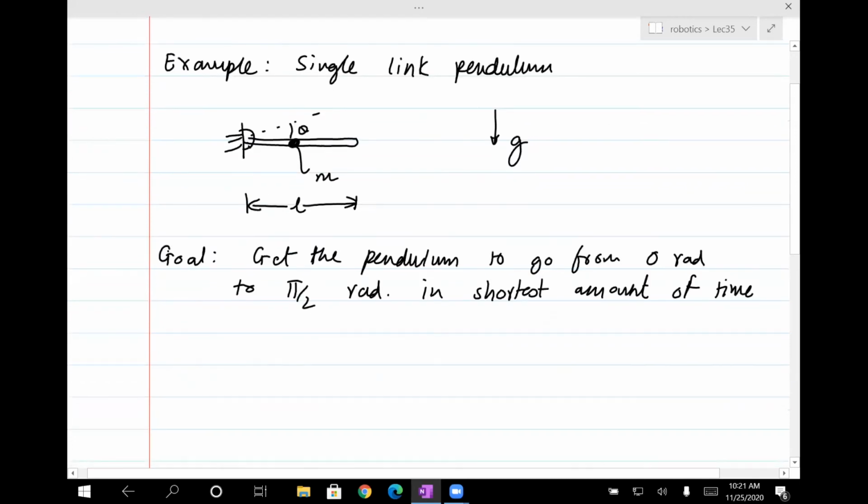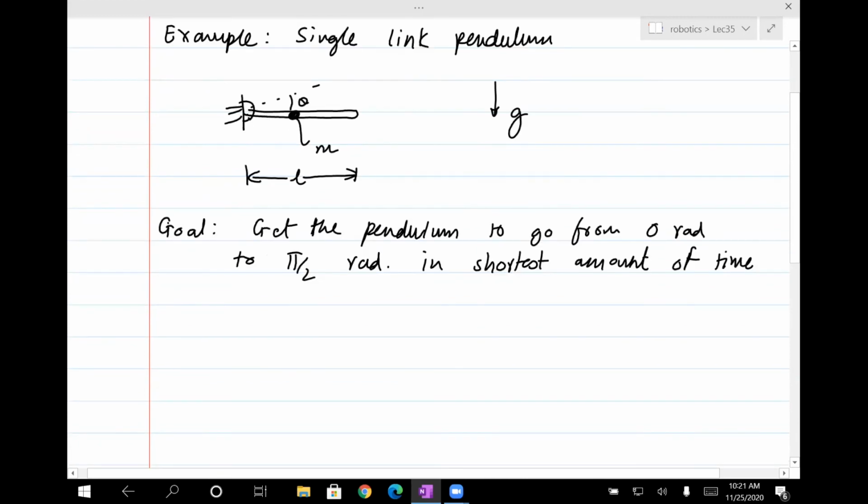Okay, and so the system dynamics of the pendulum will be something like this. They're very simple in this case, but I'm just putting it in the general form: M(q) q double dot plus C(q, q dot) q dot plus G(q) equals tau.